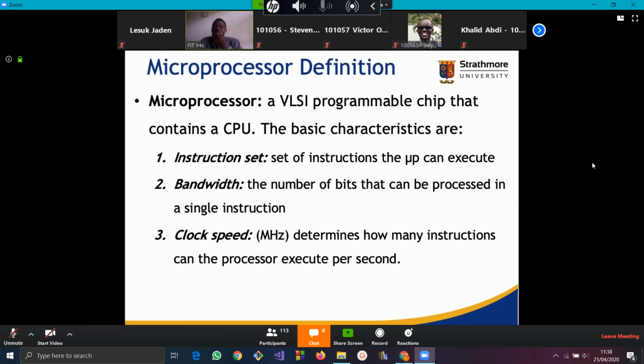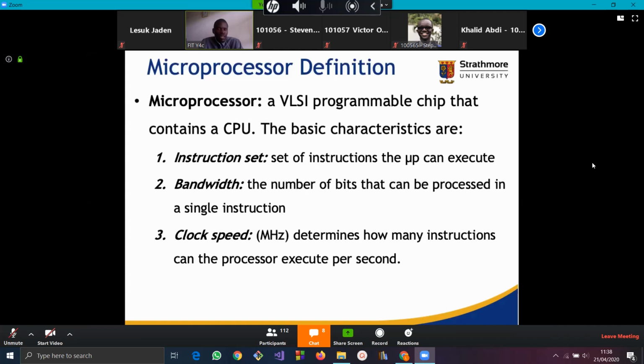Then the bandwidth. Bandwidth is the number of bits that can be processed in a single instruction. Okay, so if you have, for example, a 16-bit processor, it means it can process 16 bits at once. If an instruction is 32 bits, it has to break it into two. Hope it's making sense, yeah?